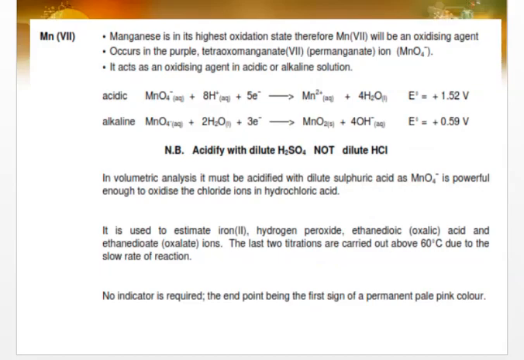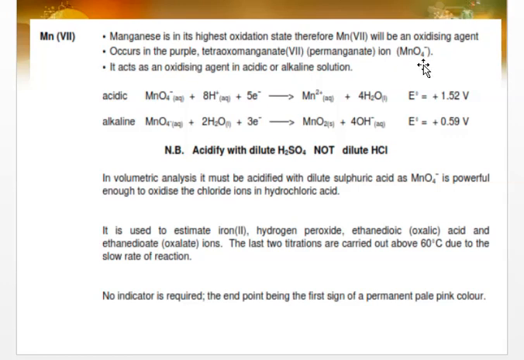But the manganese 7, manganese with oxidation state plus 7, is in its highest oxidation degree, therefore manganese 7 will be an oxidizing agent. It occurs in the purple tetraoxomanganate or permanganate ion.